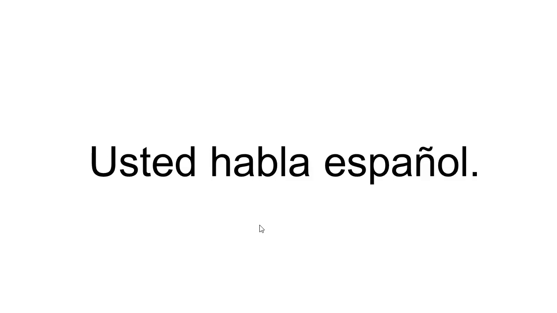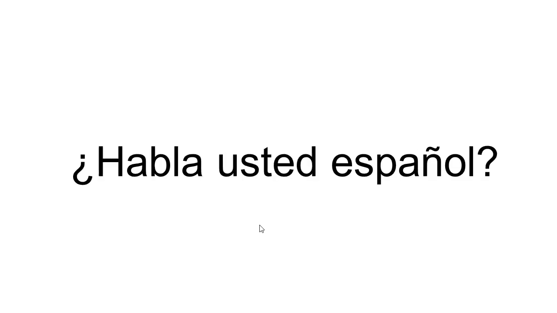Notice the second one, you do speak Spanish. That's what we call the emphatic do. And questions in English usually begin with the emphatic do. In other words, yes or no questions begin with the emphatic do. So, how would you interpret this in English? Well, the question means, do you speak Spanish? ¿Habla usted español?